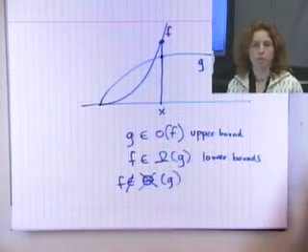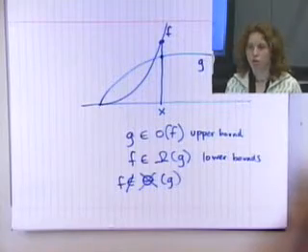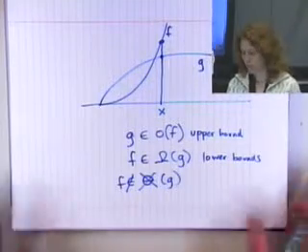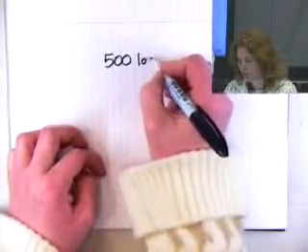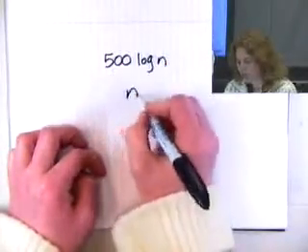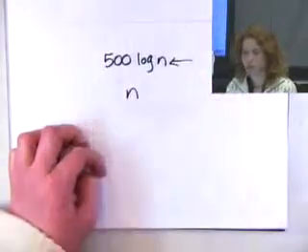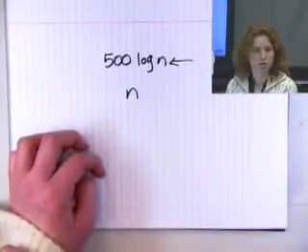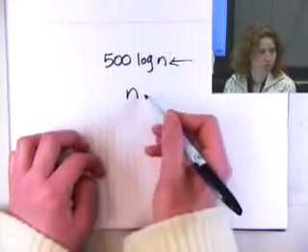So there's a trade-off with big O, right? Say I'm comparing 500 log of n and n. At first this might seem too slow, right? If I was plugging in 1 and 10 and whatever, this will be a lot faster.